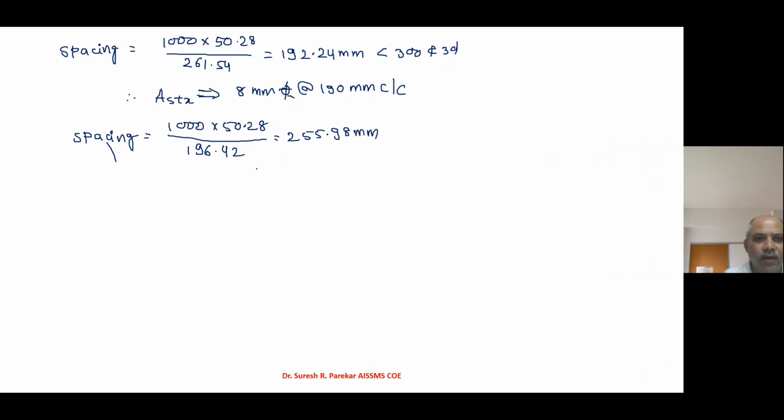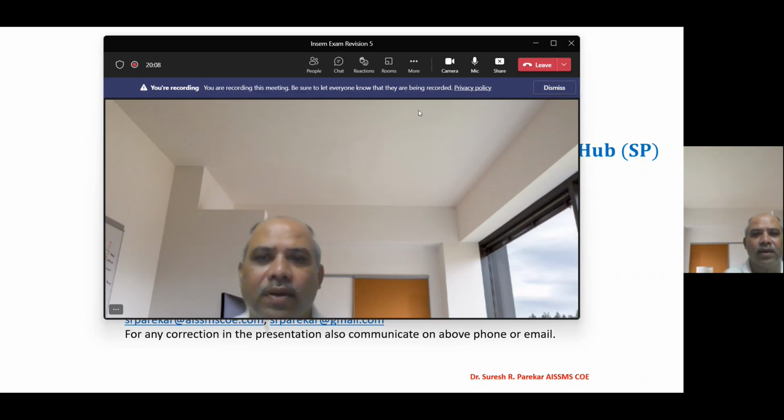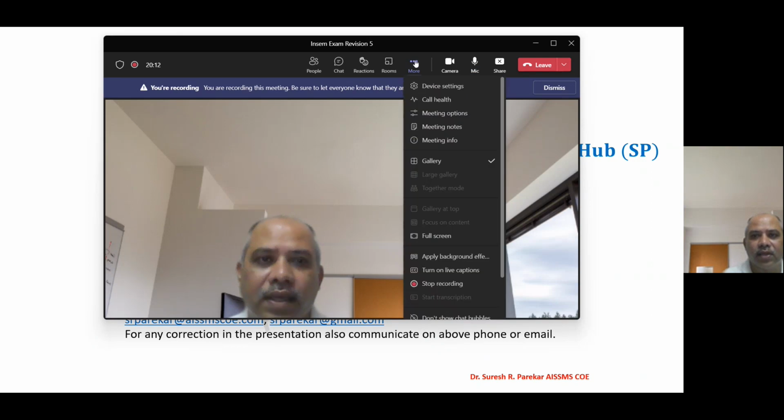Therefore, for AstY, we provide 8 mm diameter bars at 250 mm center to center. So likewise, we have to go on until the reinforcement steps are sufficient. We need not go beyond these steps. So this is all about your simply supported two-way slab. We will stop here only. Thank you.